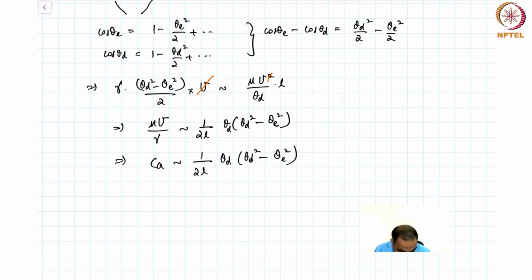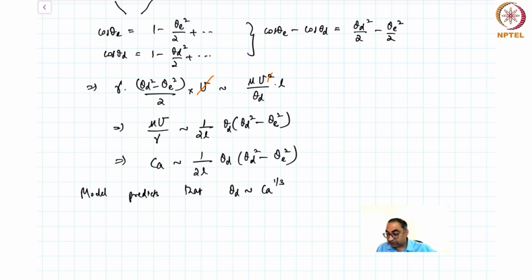This is what the model gives, and the model predicts that the dynamic contact angle goes like capillary number to the power 1 by 3, because notice that we have a theta d cube on the right hand side.